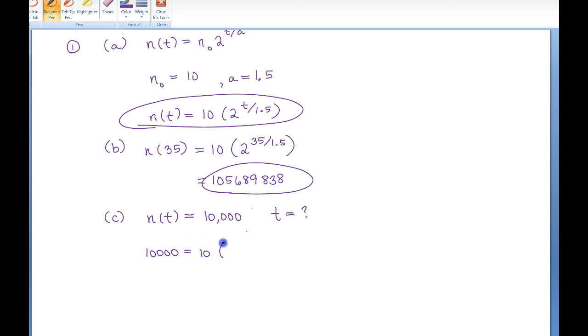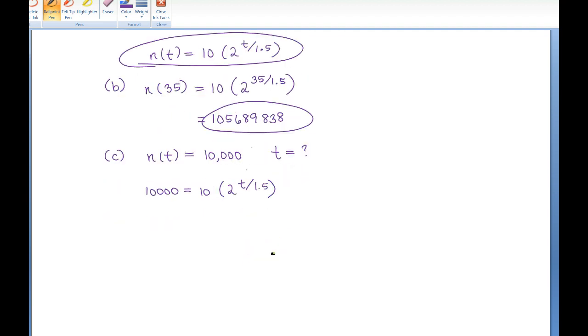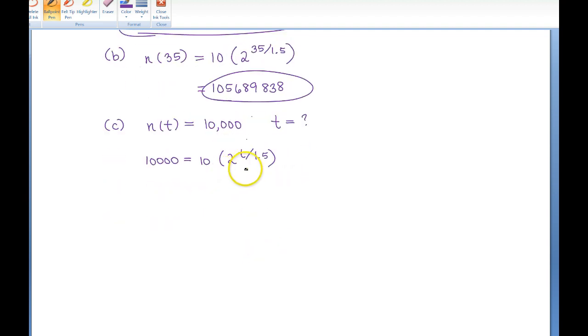And we have 10 and then 2 to the t over 1.5. Okay, so we want to isolate the 2 to the t over 1.5. So the first thing I'm going to do is divide both sides by 10. So that gives us 1,000 equals 2 to the t over 1.5.